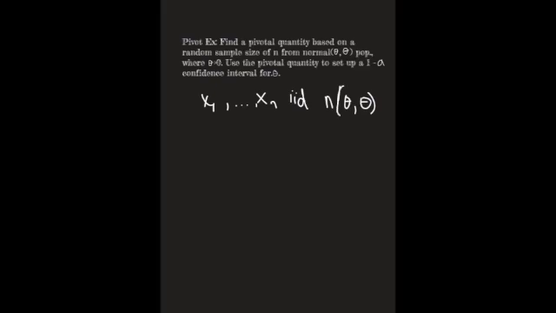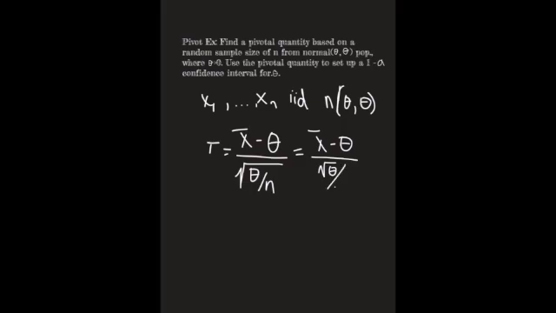If our X bar is our sample mean from this pivotal quantity, that means, with the parameter of theta, our T will equal this. And this is what it looks like simplified.